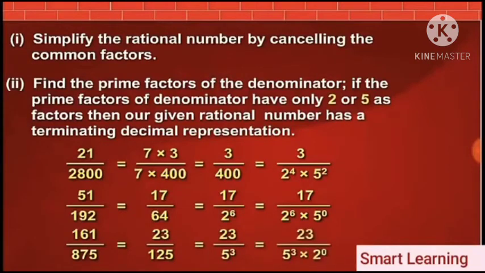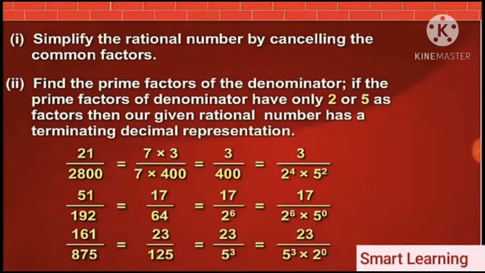We can write it as 23 upon 5 raised to the power 3 into 2 raised to the power 0. We see here that the denominator has only 5 as a factor and is in the form of 2 raised to the power n into 5 raised to the power m. This means the decimal expansion is terminating.